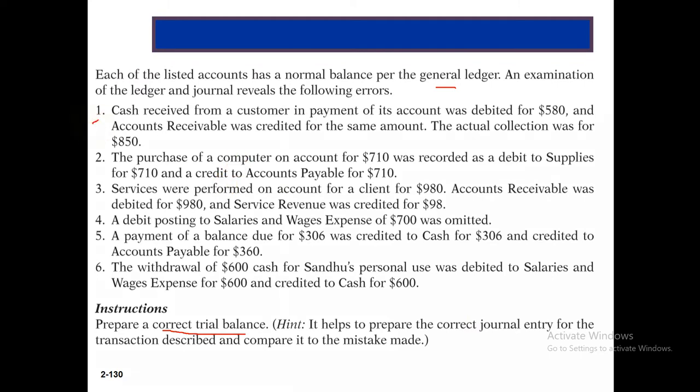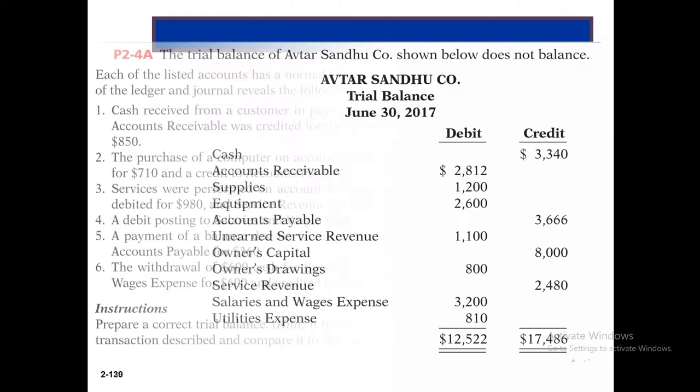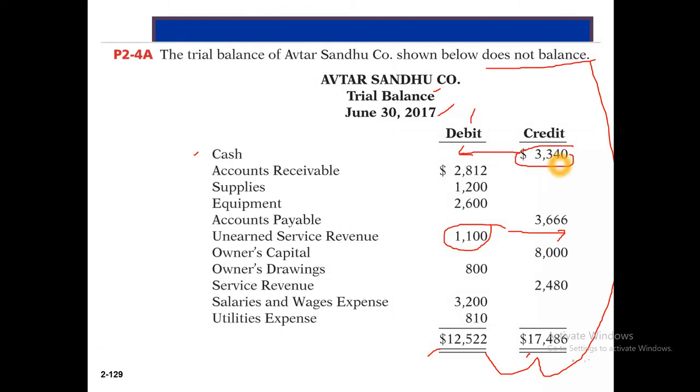So number one, cash received from a customer in payment of its account was debited 580 and accounts receivable was credited the same amount. Actual collection was 850. So our actual balance will be 850. It will be added to our previous cash, that means this cash 3340.